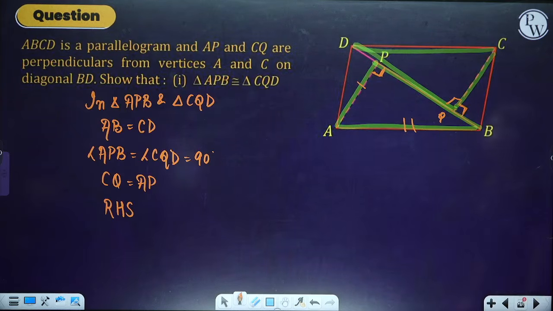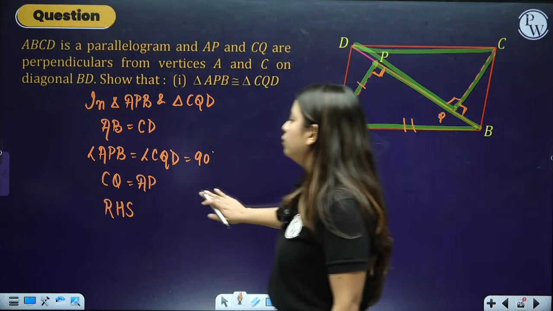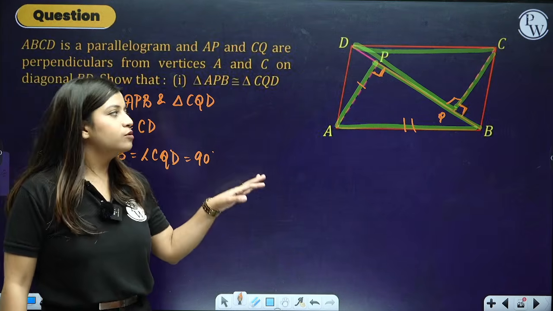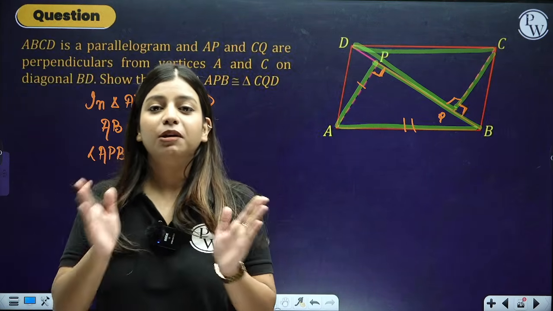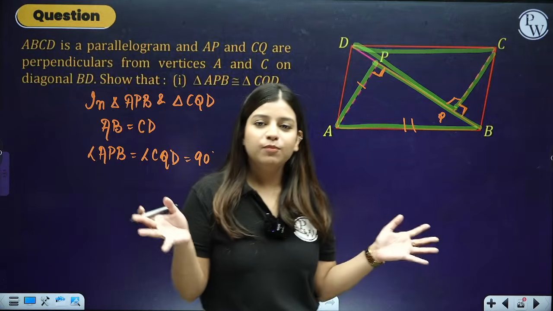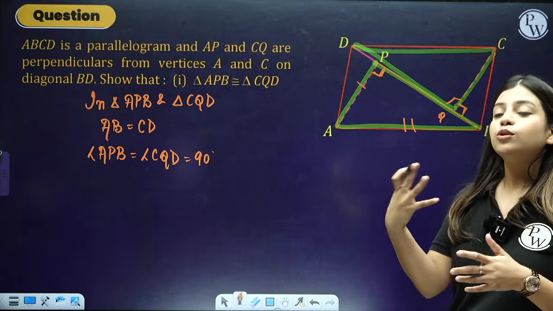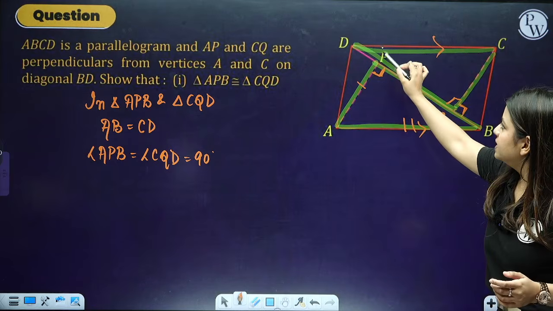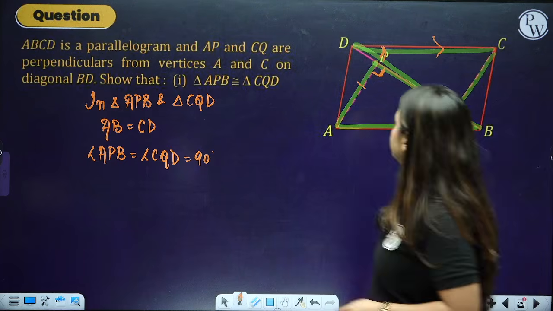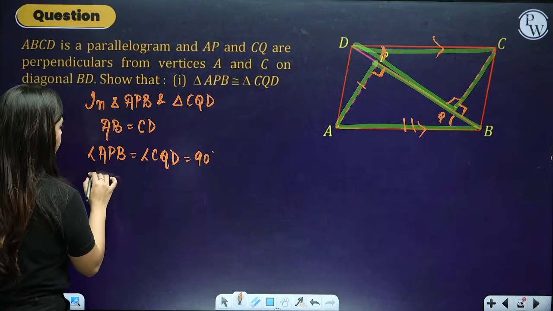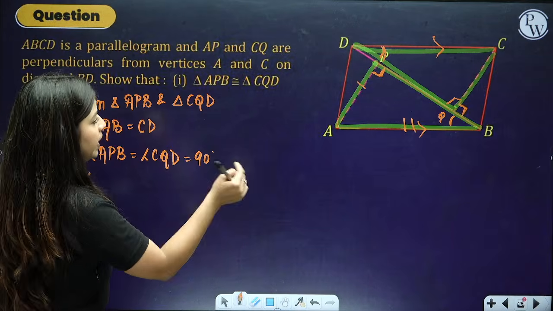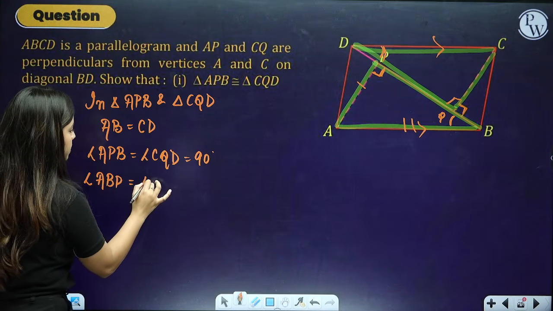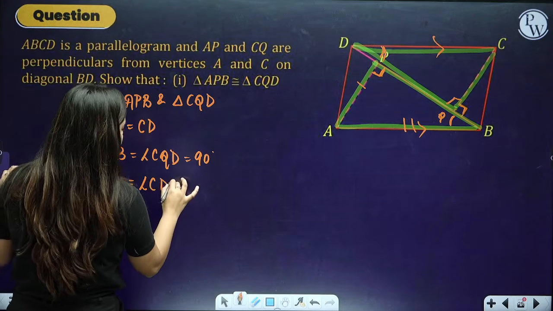There is one more thing we can also use. If you don't want to show that AP equals CQ throughout, because for that you have to write down that the diagonal of a parallelogram divides it into two congruent triangles, and both the congruent triangles have equal heights, you can simply say that CD is parallel to AP, and this angle will be equal to this angle. Which angle? Angle ABP is equal to angle CDQ.